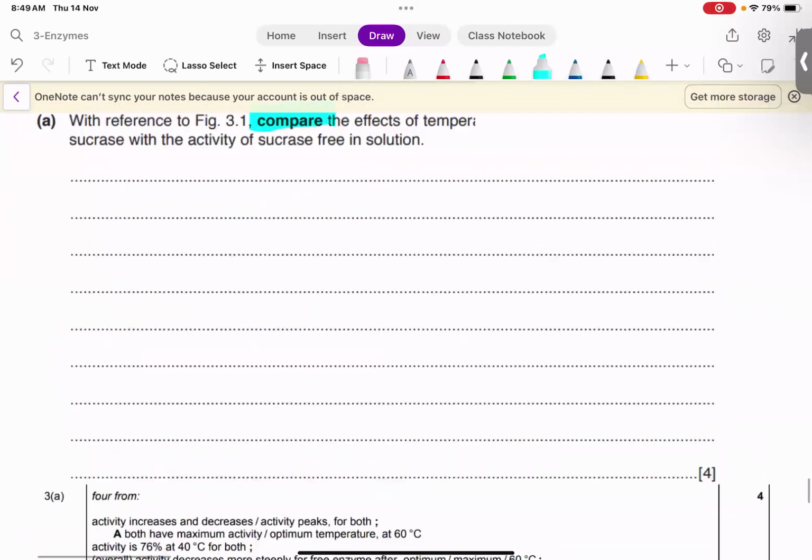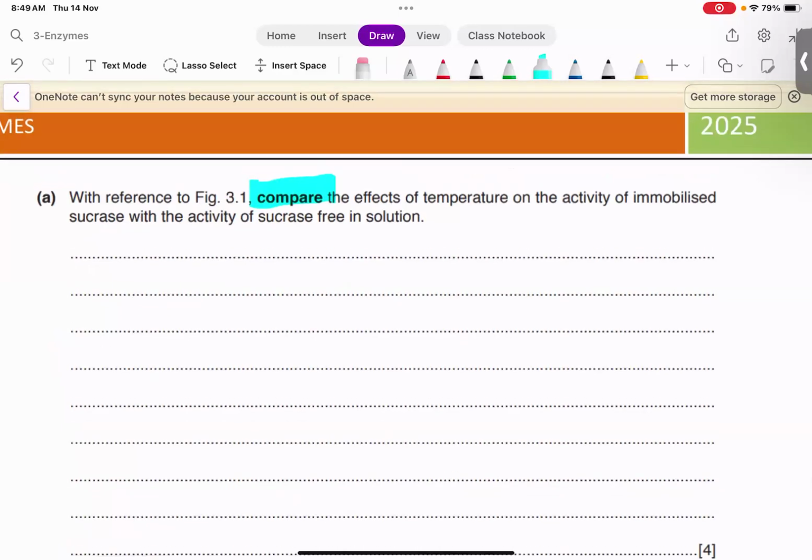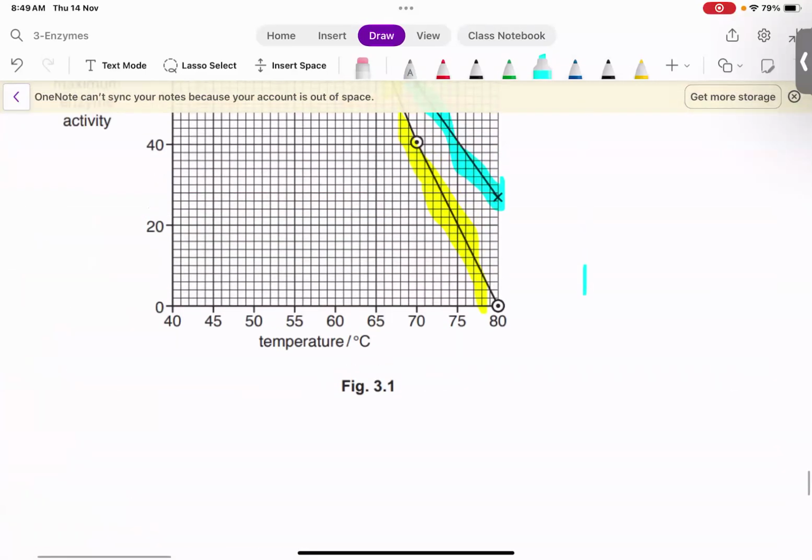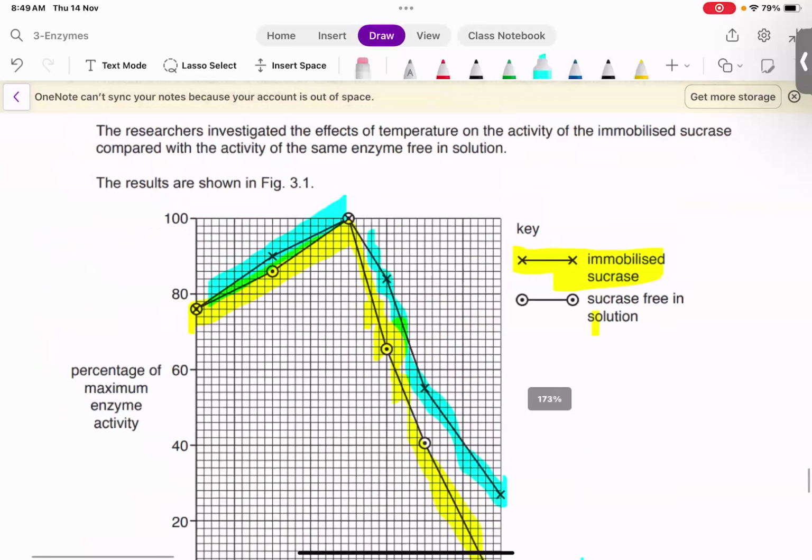Okay, so this is the question. With reference to figure 3.1, compare the effects of temperature on the activity of immobilized sucrase with the activity of sucrase free in the solution. So let's see, we have to compare these graphs.